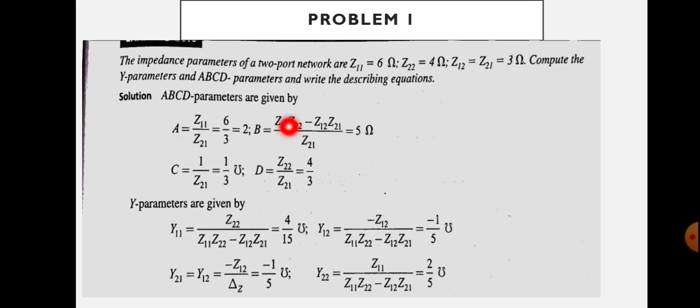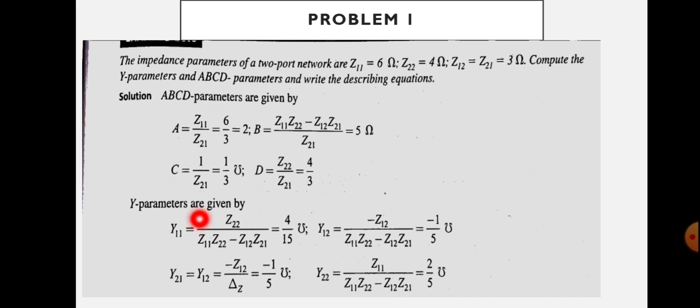When you are substituting the different values of Z, you will get a value. Now C can be found out by the equation 1 by Z21. You can simply substitute. D is equal to Z22 by Z21. So the thing is that you should remember all the equations. Okay. So ABCD parameters you have obtained.